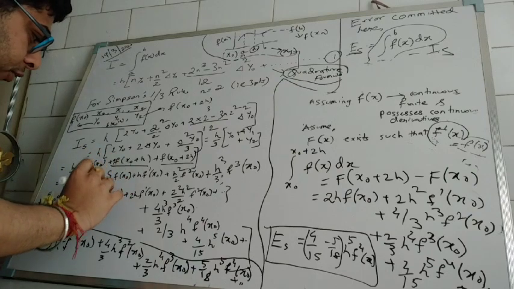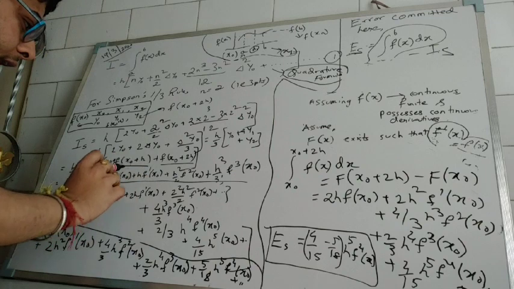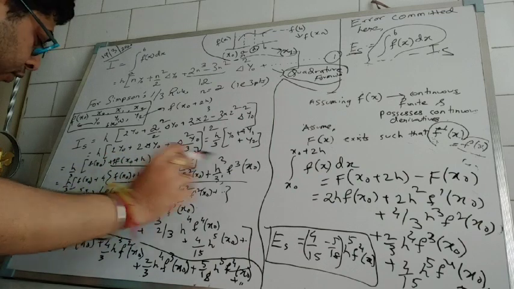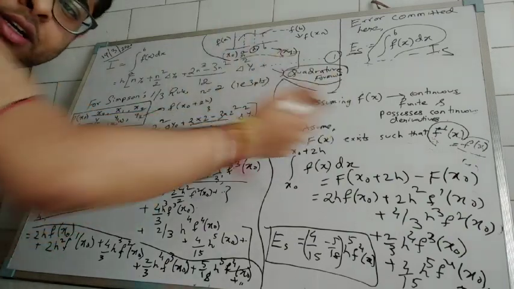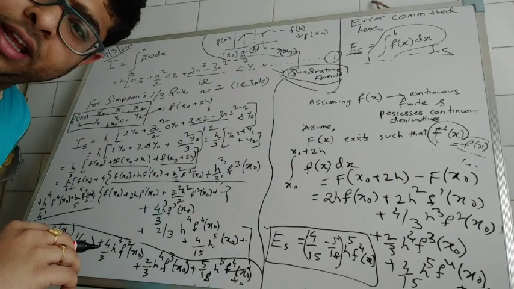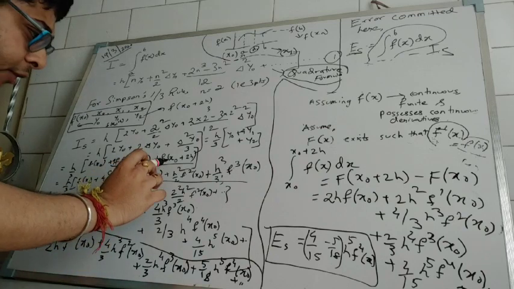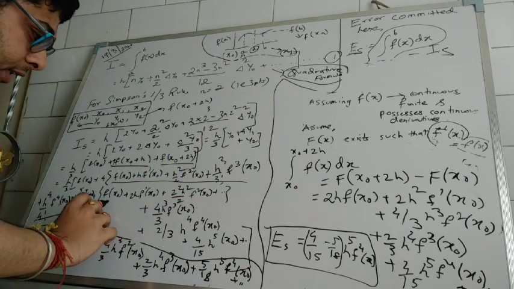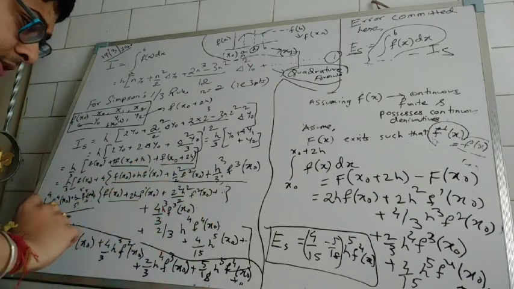If you expand this one, you will get this. We are considering 6 terms. Why 6 terms? Later I will clarify that. Now if we expand this other one, you will get this. Again I have considered 6 terms.